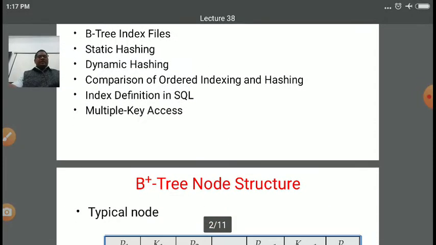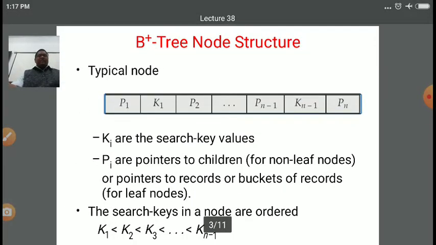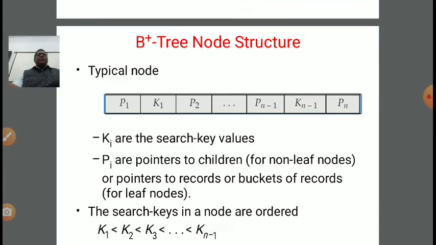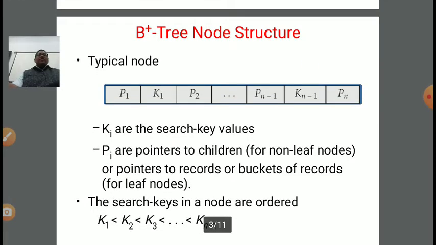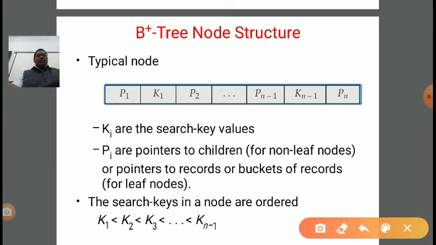Now in today's lecture, starting with B plus tree. In a B plus tree, every node has some structure. The format of the structure is given below. A typical node will have P and K, where P stands for the pointer and K stands for the search key.